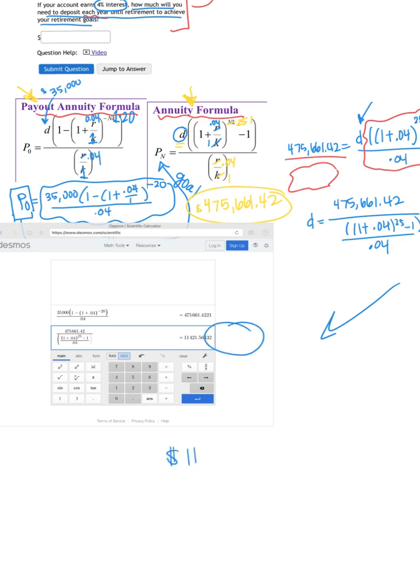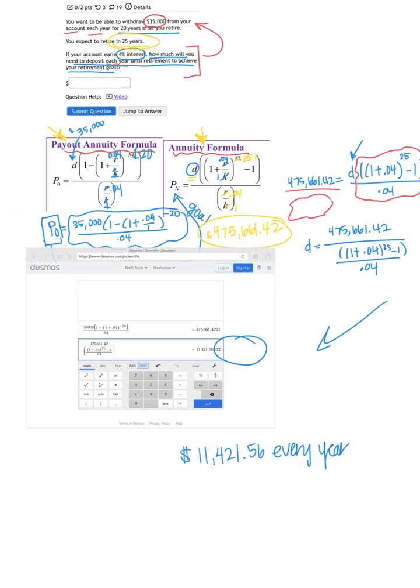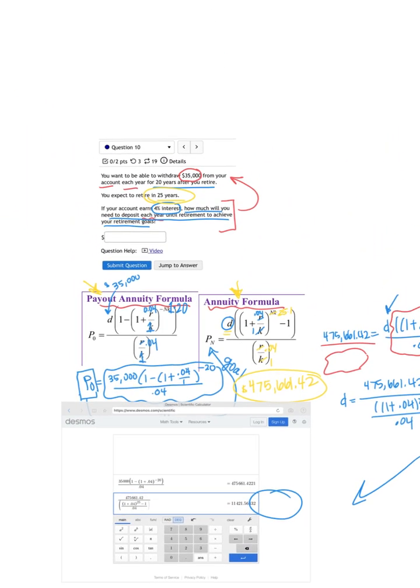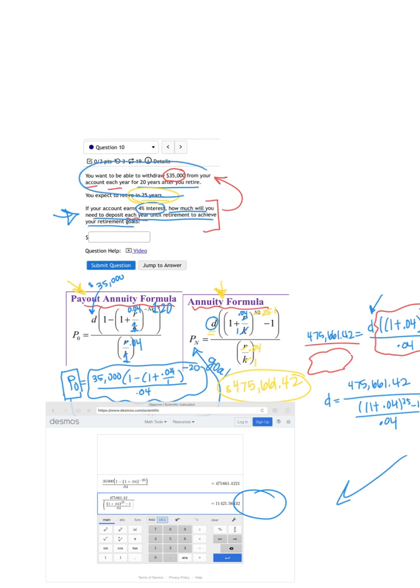So this is saying that if I deposit $11,421.56 every year into that annuity, that's earning that 4%, if I do that every year for 25 years, then when I retire, I'll be able to take out $35,000 a year for the next 20 years. So, hope that helps.